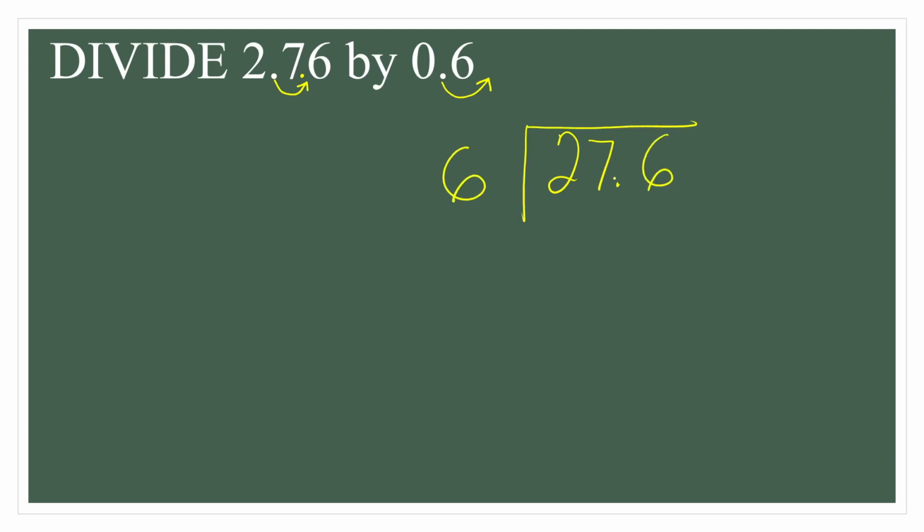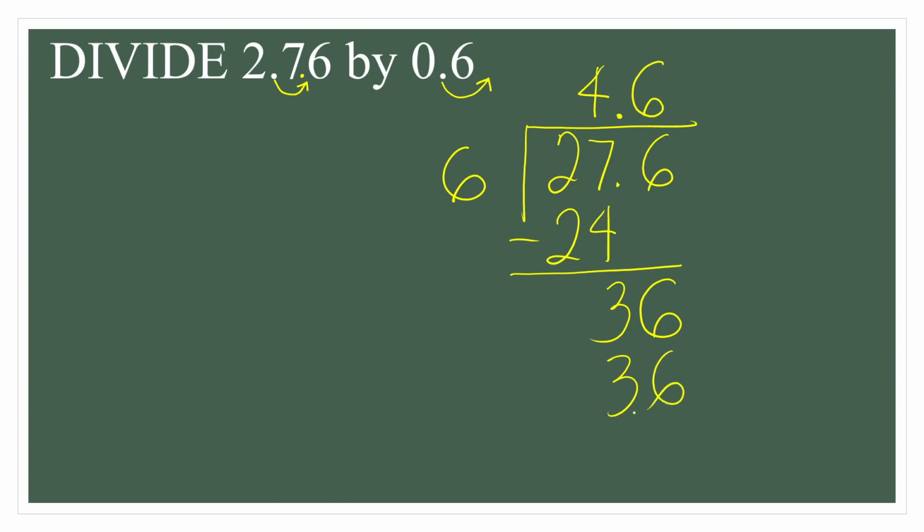Let's divide. 27 divided by 6. 4. 24. I'll get the difference. 3. Bring down 6. 36 divided by 6. 6. 36. 0. Ang answer nako is 4.6.